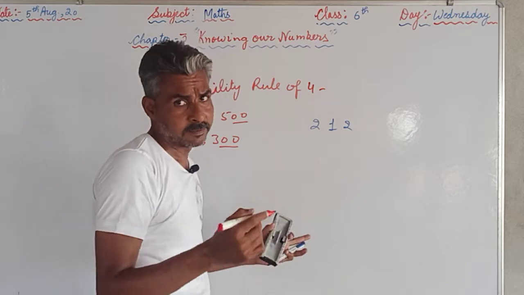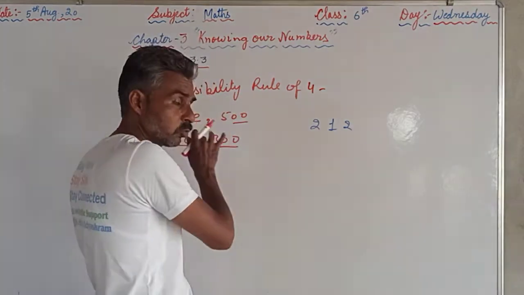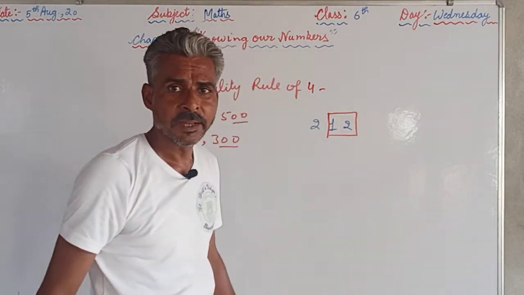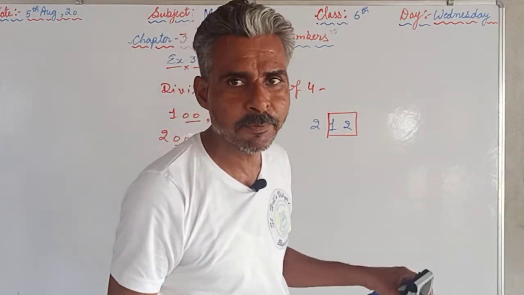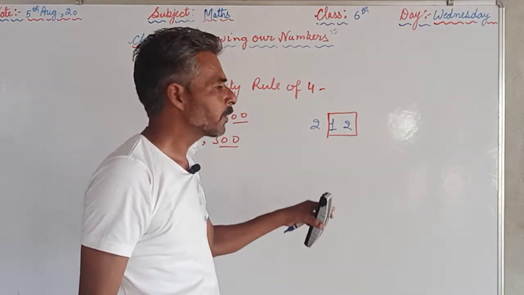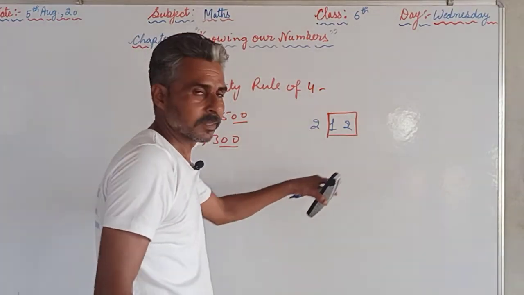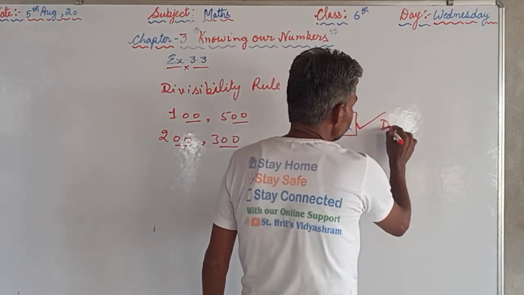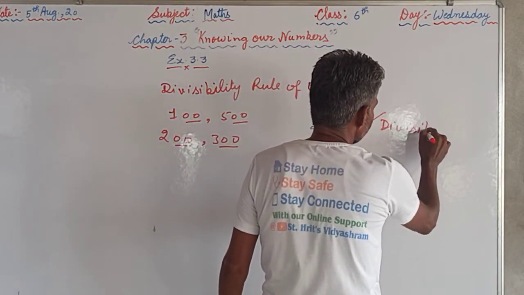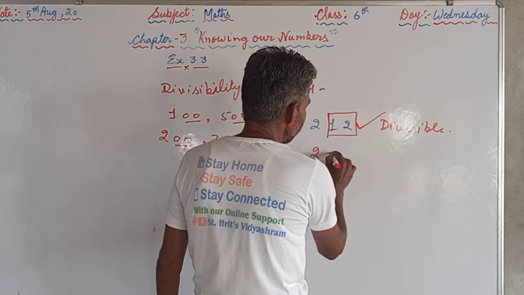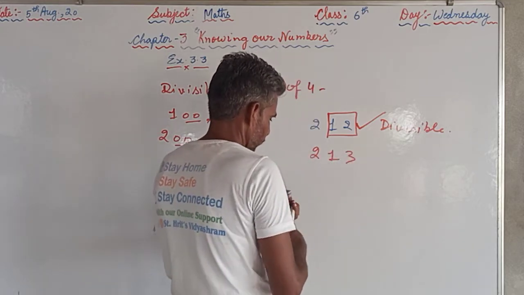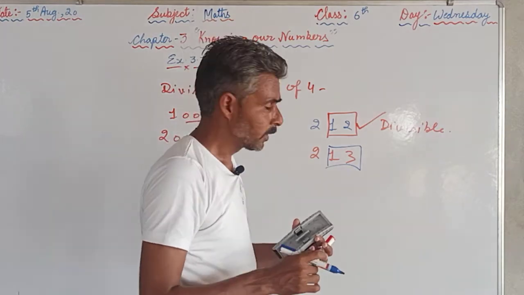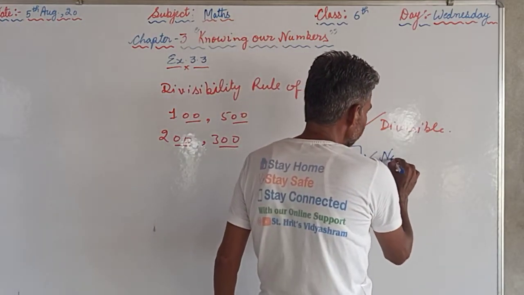No zeros are there, so the first rule is not applicable. So we will see the last 2 digits. If the last 2 digits are divisible by 4, then we can say the number is divisible by 4. In 212, 12 comes in the table of 4. Hence 212 is divisible. And 213, 13 doesn't come in the table of 4, that's why it is not divisible by 4.